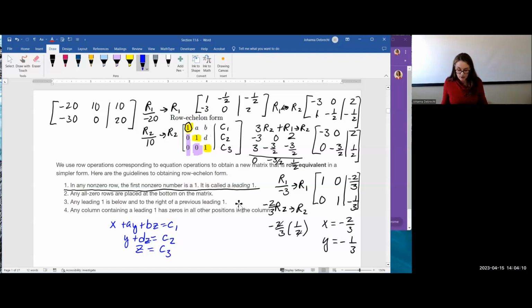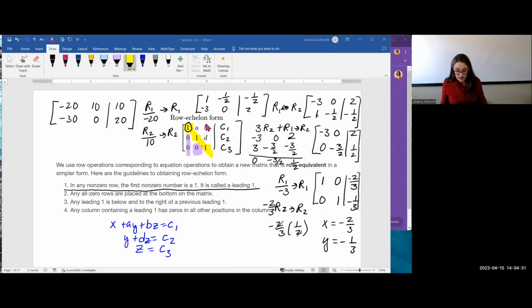Okay, let's talk about reduced row echelon form. So again, in row echelon form, I have 1s down the main diagonal and 0s below it. So the main diagonal goes from upper left to lower right, and then below that I have all zeros.